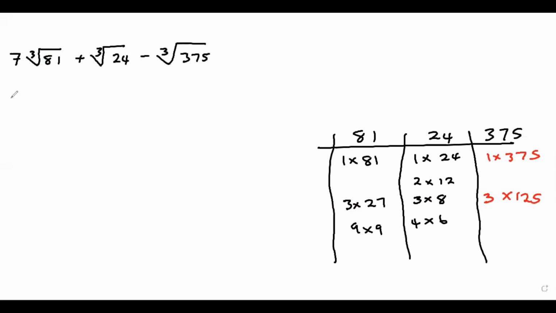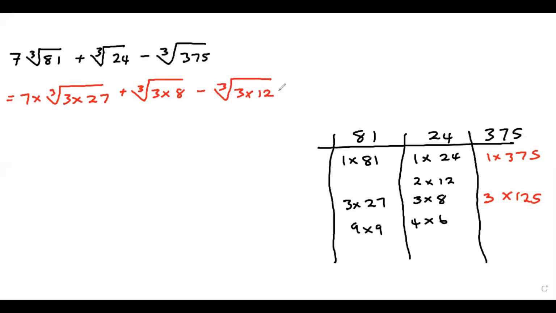So now we'd have 7 times 3 times the cube root of 3 times 27, plus the cube root of 3 times 8, minus the cube root of 3 times 125.